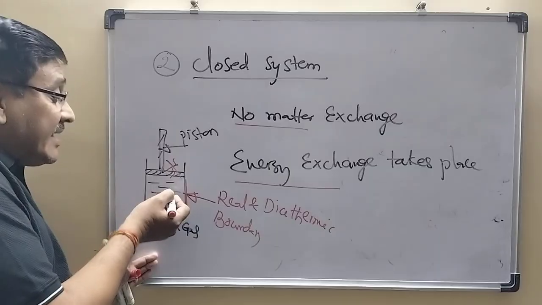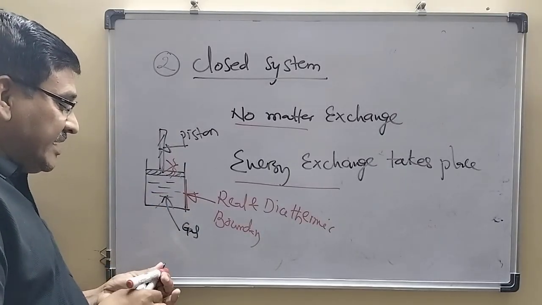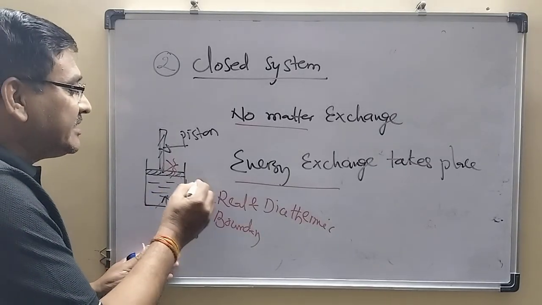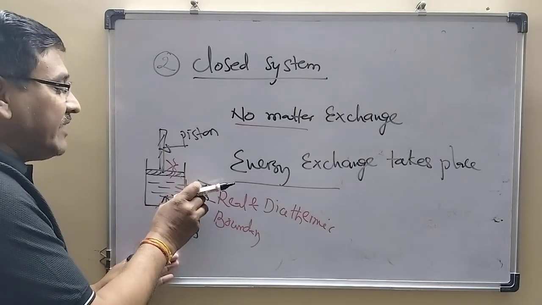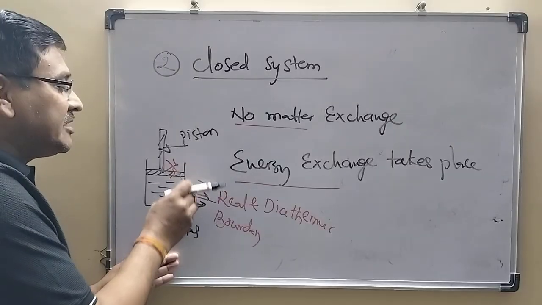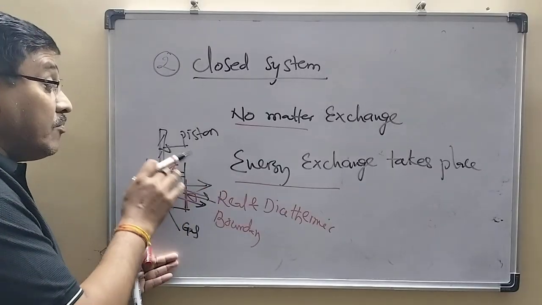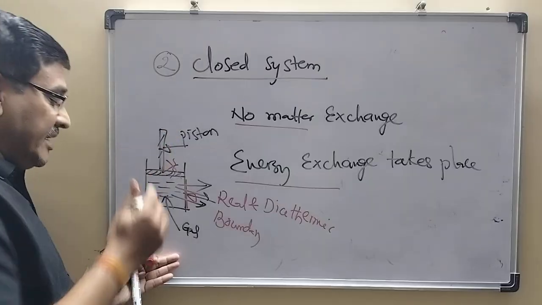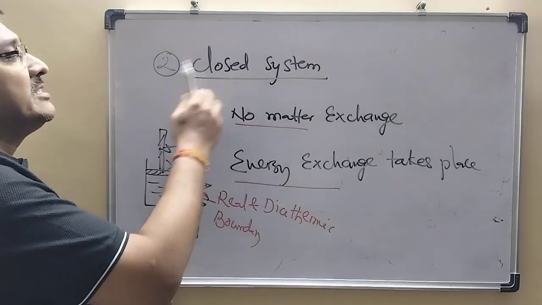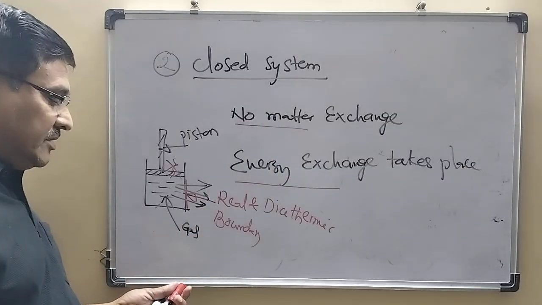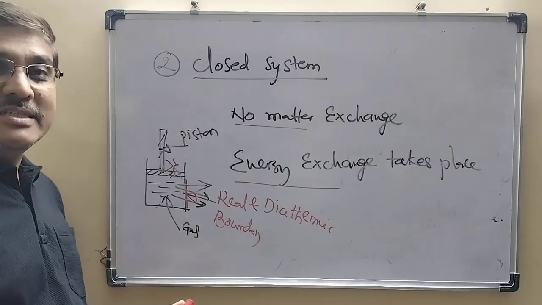So heat, energy can easily exchange from this. So there is an exchange of energy here from this boundary, but mass cannot be exchanged. So this is about the closed system.